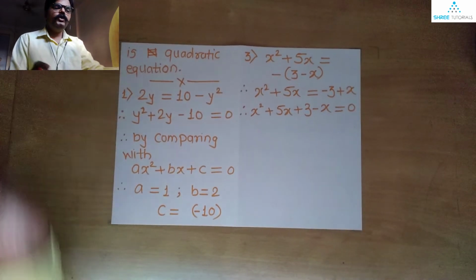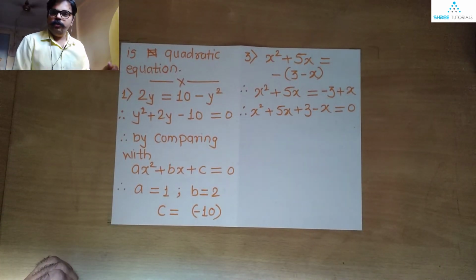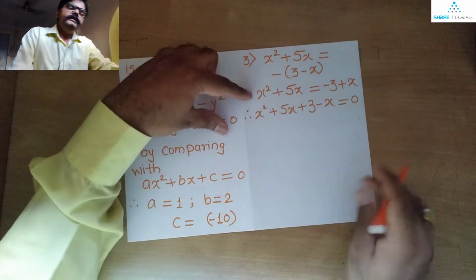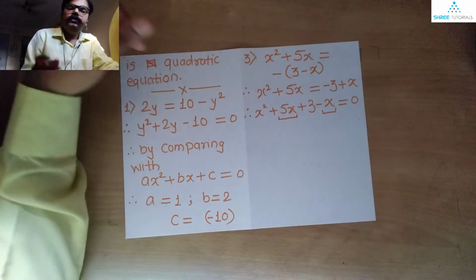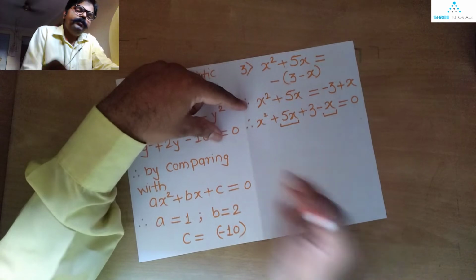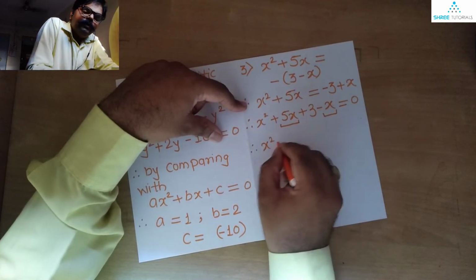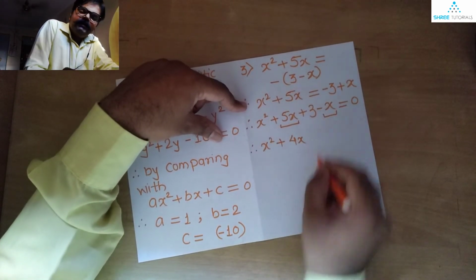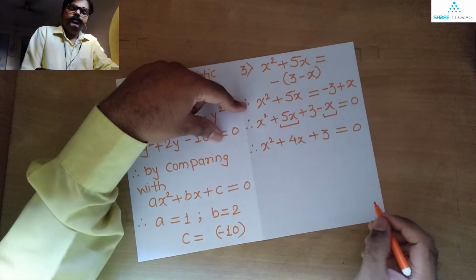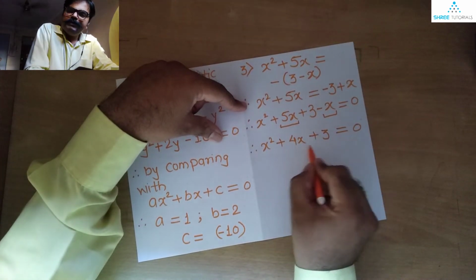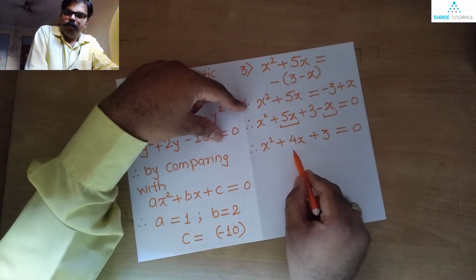Okay, there are too many terms over here, so therefore like terms we are going to bond together. These seem to have the same variable, therefore they can be added together. Therefore x square plus 4x plus 3 is equal to 0. Please note how exactly we have got this plus 4x: it is 5x minus 1x, that will be 4x.